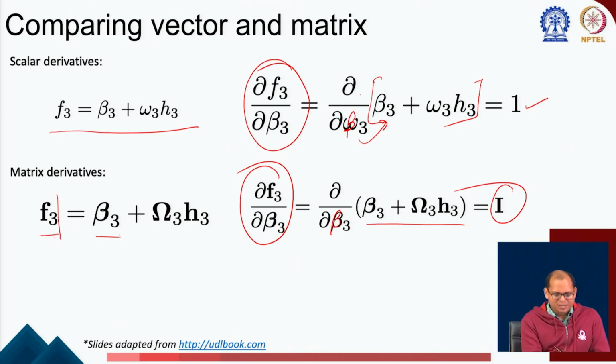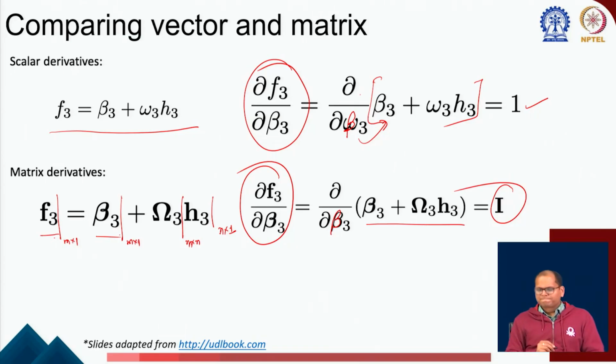Let us say this is m cross 1, this is also m cross 1, this is m cross n, and this is n cross 1, and I am doing dou f3 over dou beta 3. As you understand, that will be a 3 cross 3 matrix, because f3 is 3 dimension and beta 3 is 3 dimension.